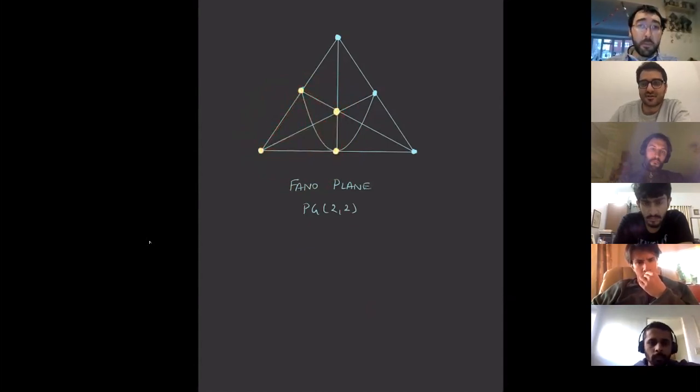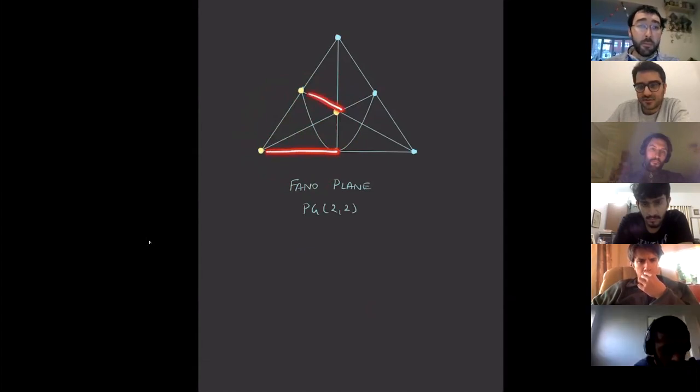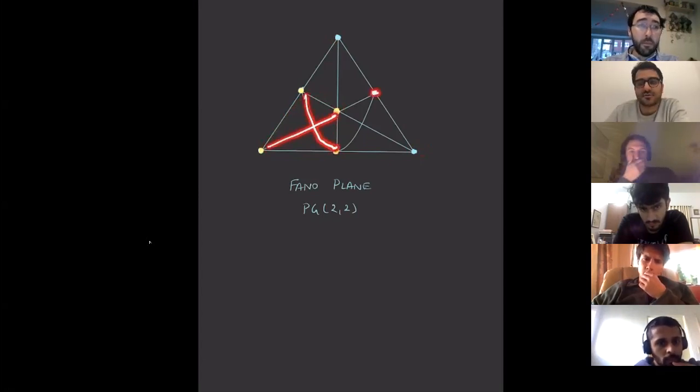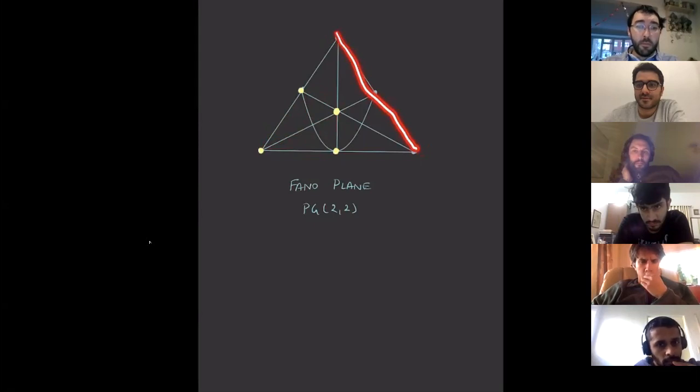So this is your affine plane. Now for each parallel class, so this was a parallel class, I added a new point. For this parallel class, I added this new point. For this parallel class, I added this extra new point. And then this line is my L infinity, right?